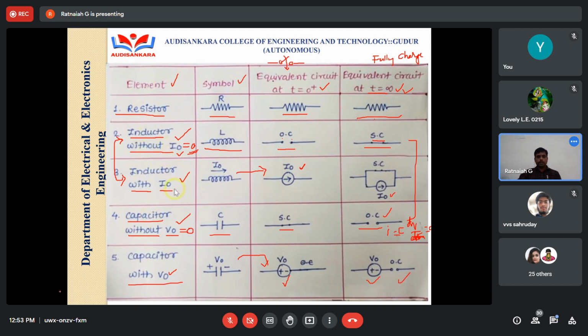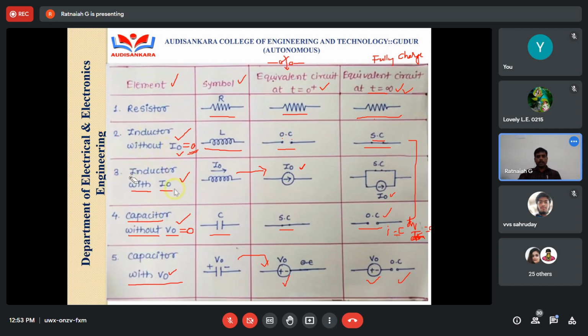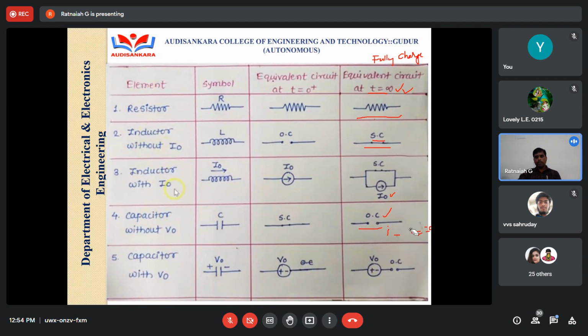So you have to remember this table, and it gives complete information about the 3 elements: with charge, without charge, and how they behave at the instant of closing the switch and at the instant of being fully charged. That means the final value. So we have to remember the behavior of the inductor and capacitor initially and finally.